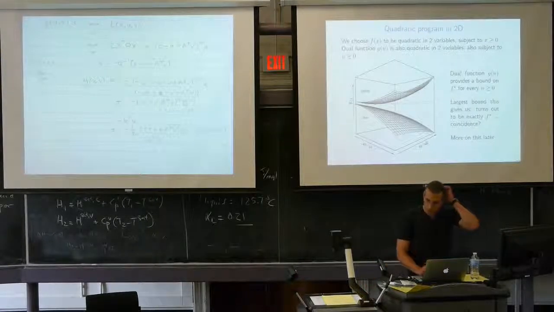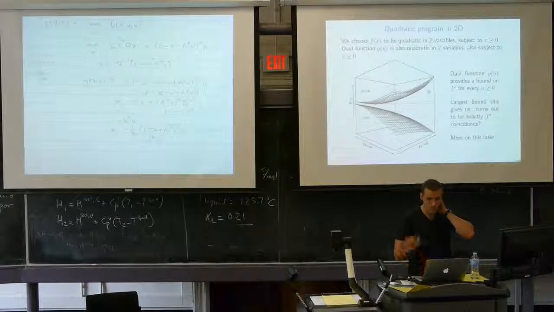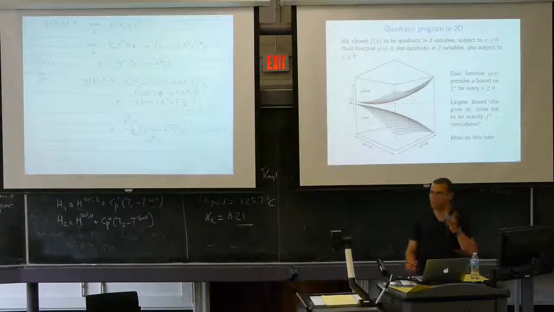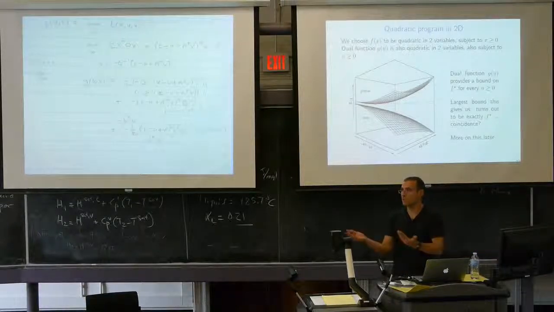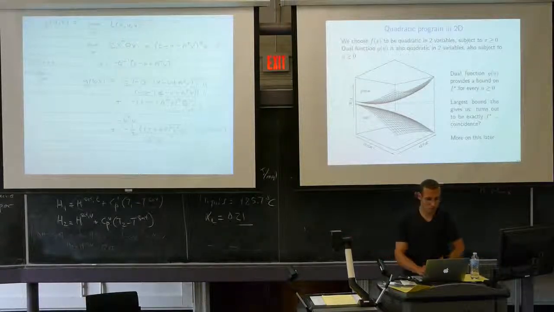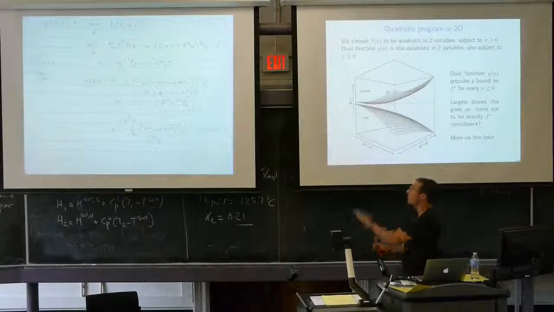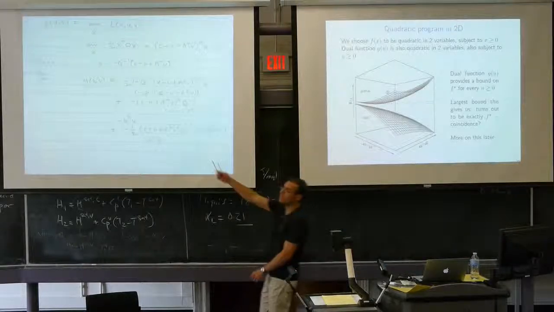So here's a picture of that. I took a quadratic program in just 2 variables now. And I just had no equality constraints, but subject to the constraint that each component of x had to be non-negative. And here is the primal quadratic objective. And I formed the dual objective just like this. It's also a quadratic.